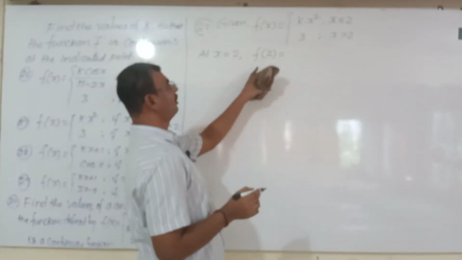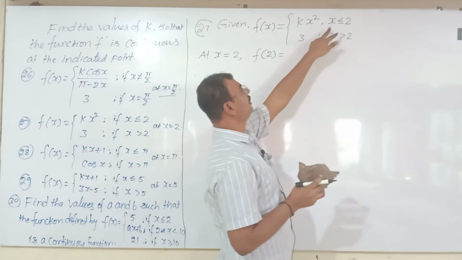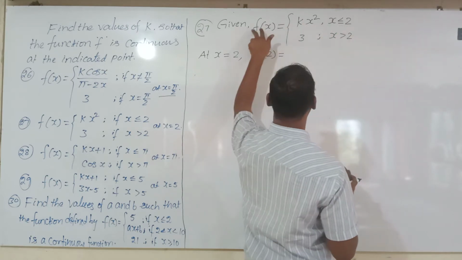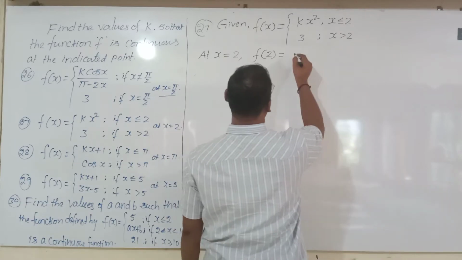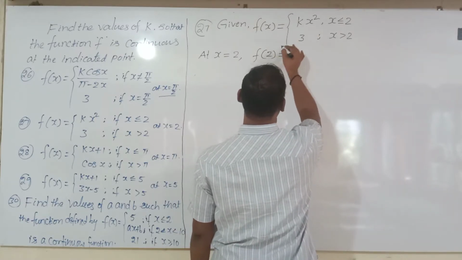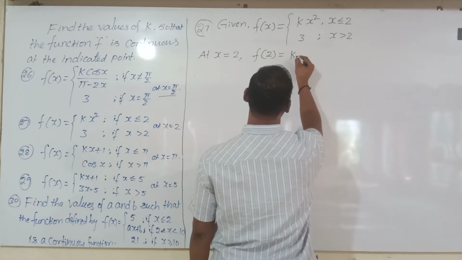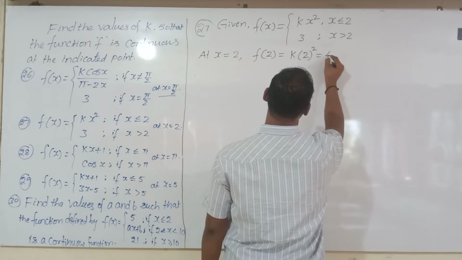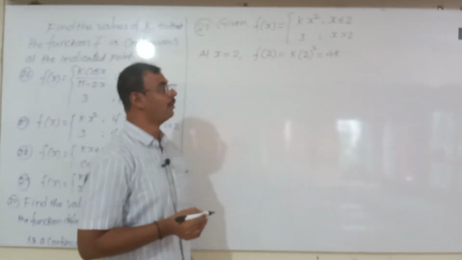When x is equal to 2, what is the function? Very clearly in the problem, for x equal to 2, f of x is kx square. So I substitute x equal to 2 in the function: k into 2 whole square. This equals 4k. So f of 2 is equal to 4k.